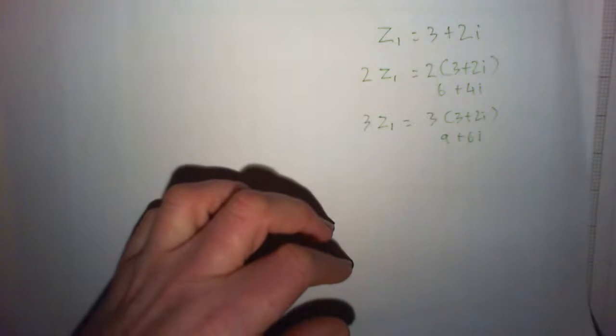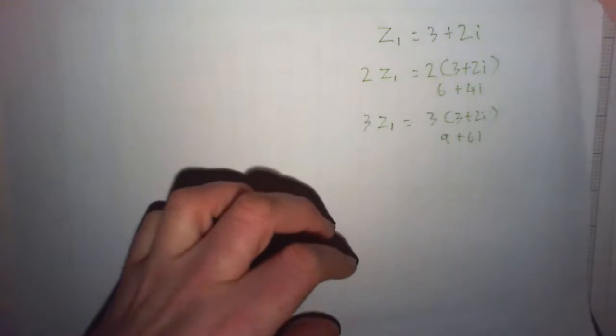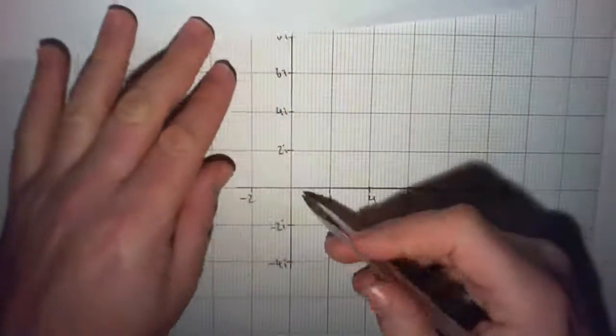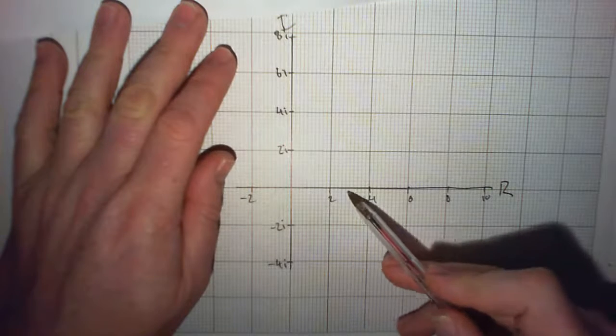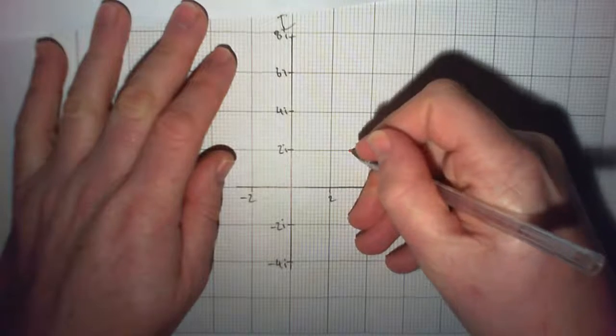So I'm going to use a different color here just to put it into perspective. So 3 plus 2i, let's get Z1 up. Z1 is 3 plus 2i. So there's Z1.